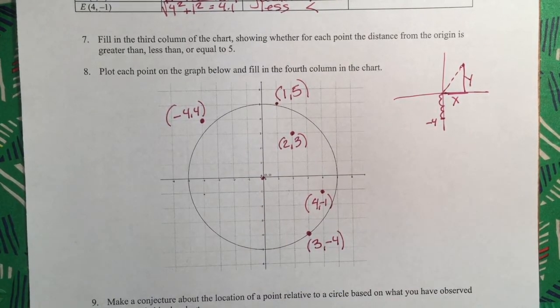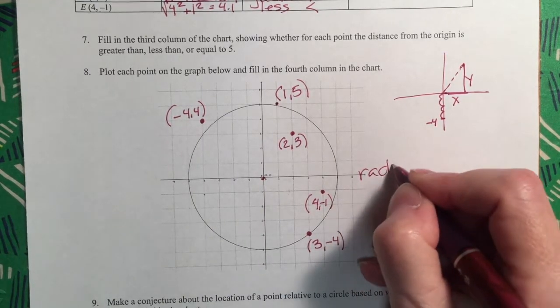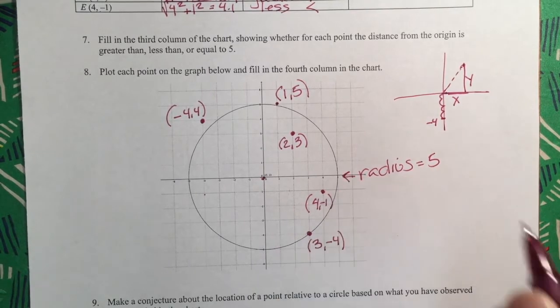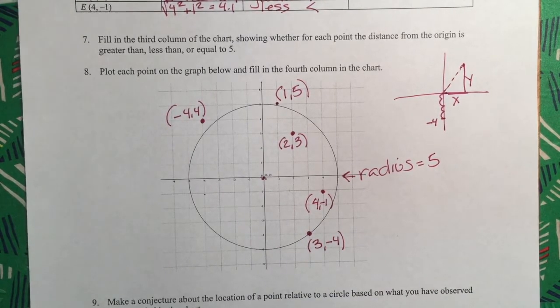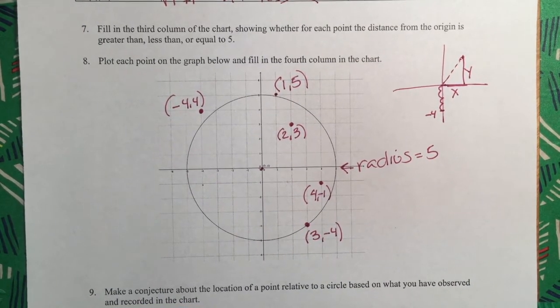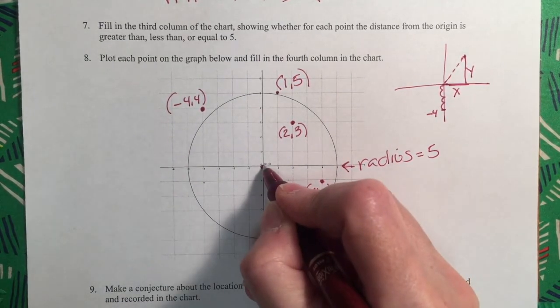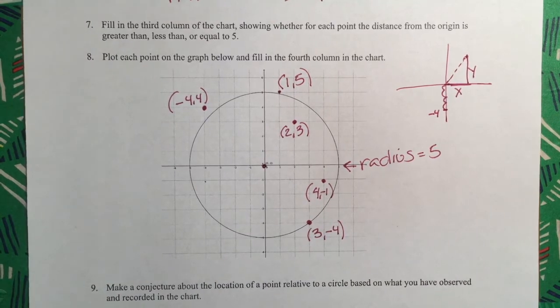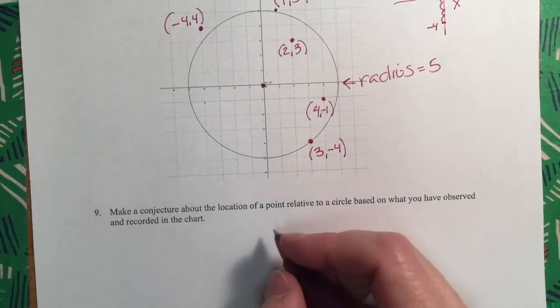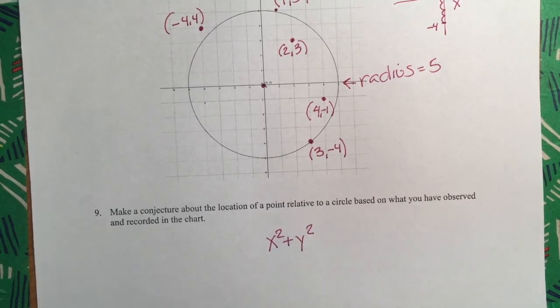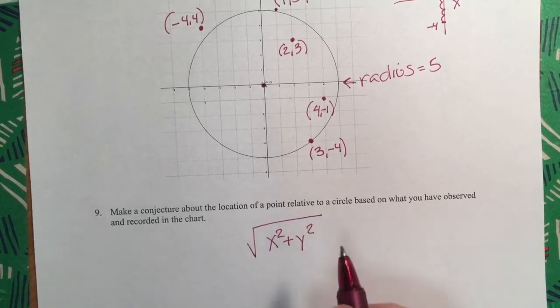So you can see for that circle, the radius was 5. When you have a point with an x and a y coordinate, and the center of the circle is at 0, 0, the origin, you take your x squared plus your y squared, and you square root it, and you may recall that is the formula for distance that you learned back in algebra.